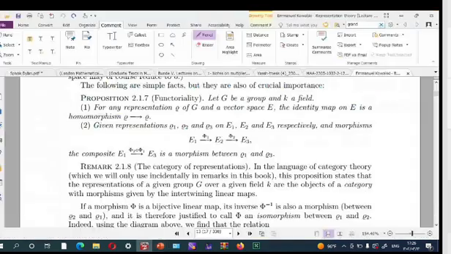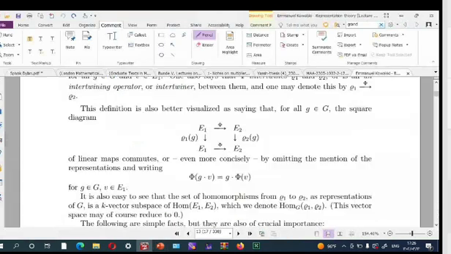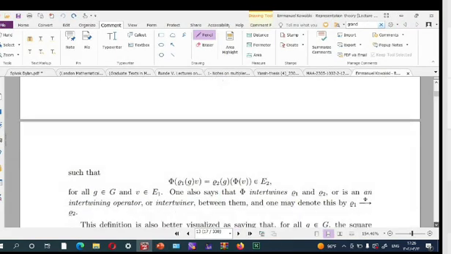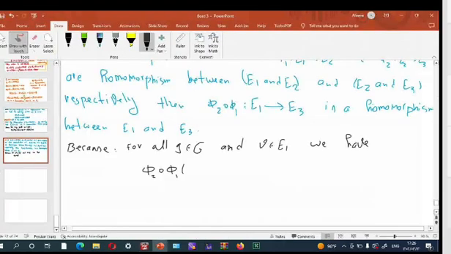Please note that we must check this equality, and we have phi 2 o phi 1 of rho 1 of g of v.